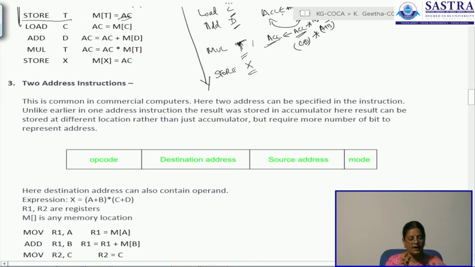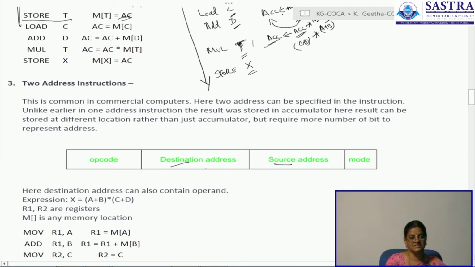As I told, we have to mention two addresses, the source address and the destination address. Either we will have two operands, in which case we refer to two source addresses, or if it refers to only one operand in memory and one location for storing the result, then these two addresses will be mentioned. So where the source is available, where we have to store the result, what is the operation to be done, and what is the mode of operation.